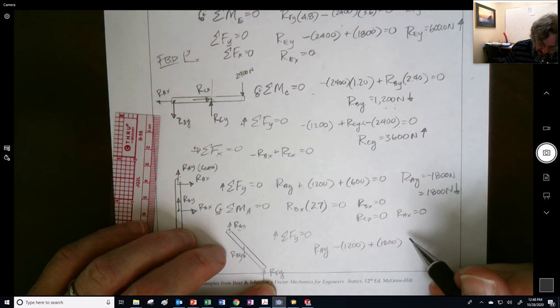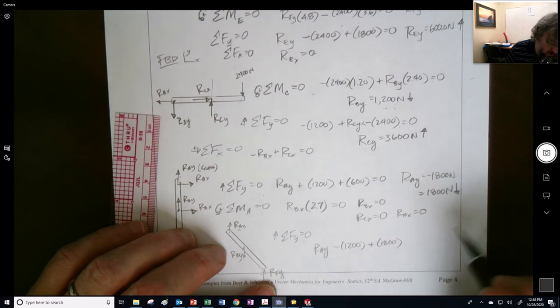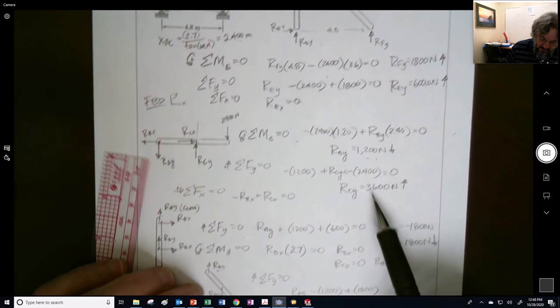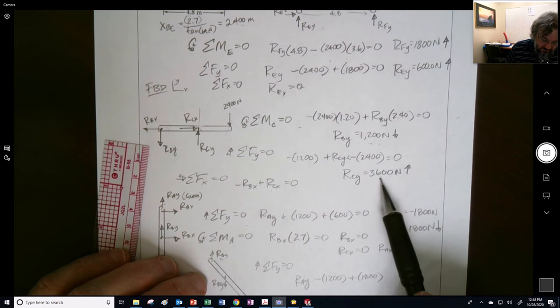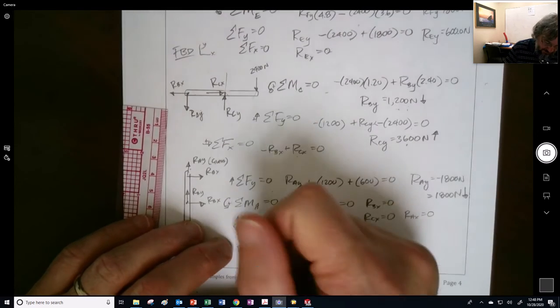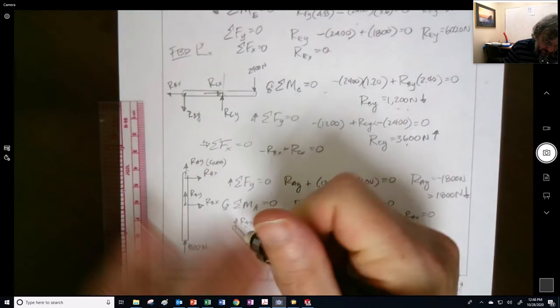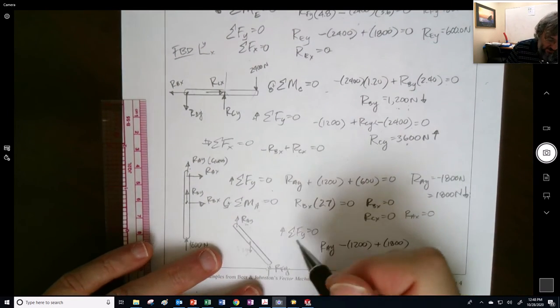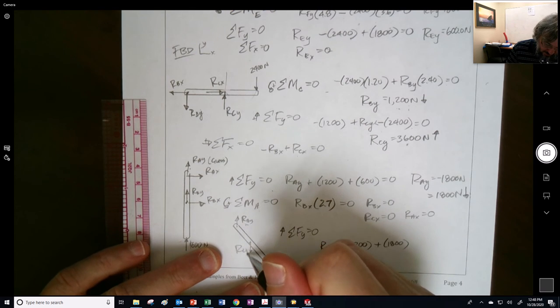And did I do that wrong? Oh, no, 3600. It should be 3600, and this should be C. Messing that thing up left and right. That should be RCY, right?